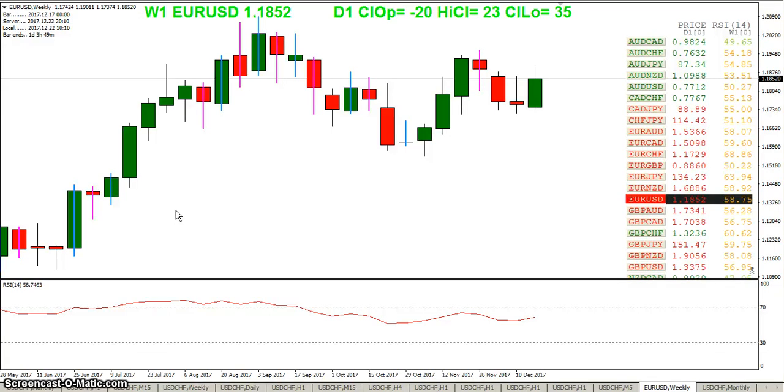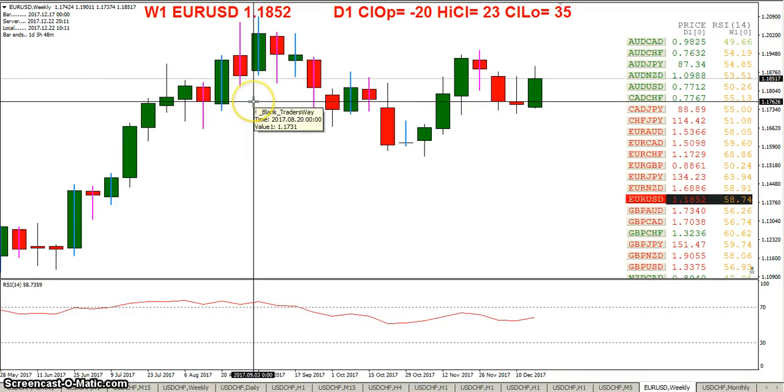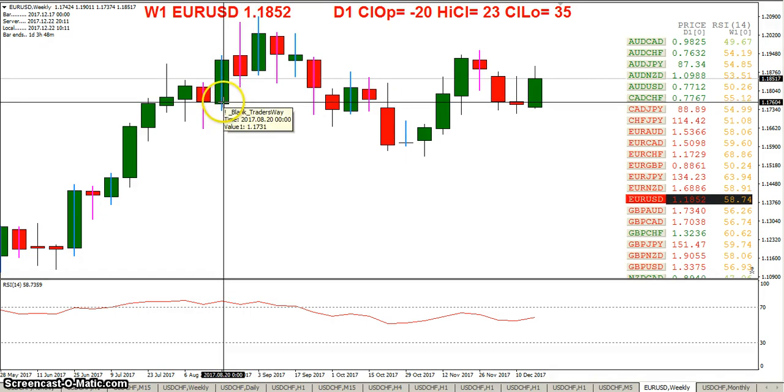So how does that help us? Well, when you're in this overbought condition, you want to look for a turn trade. Okay, so in this case right here, this signal, price is turning down. So there was an opportunity.